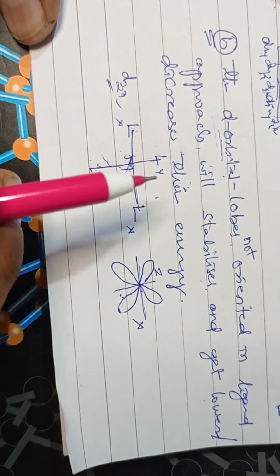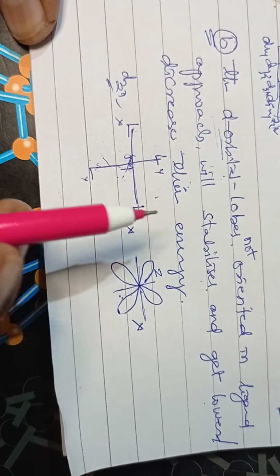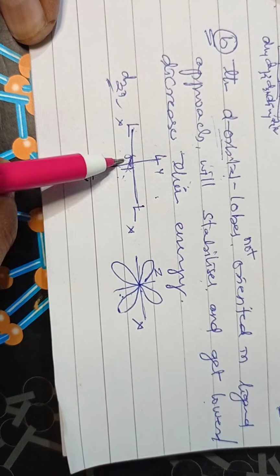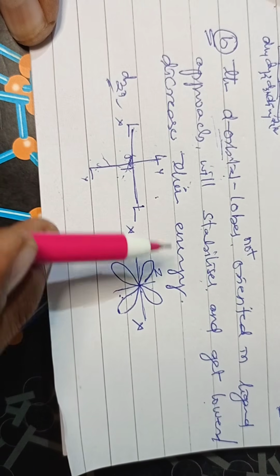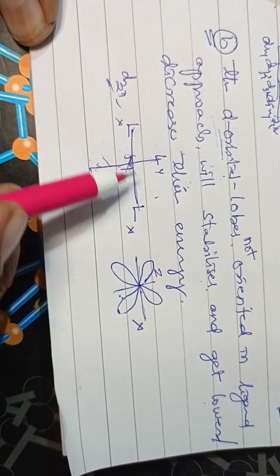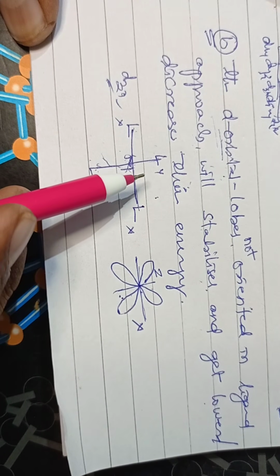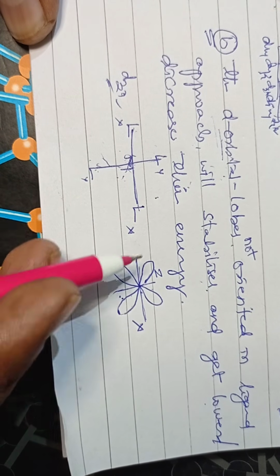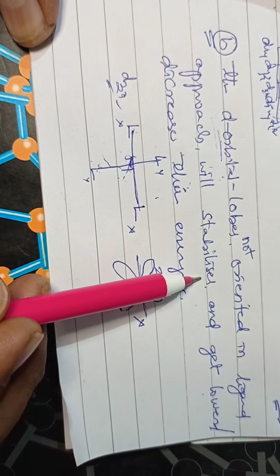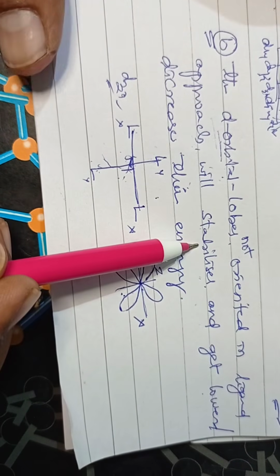So there is no interaction between these lobes and the ligand charge. When there is no interaction between the lobes of the dzx orbital and the ligands, they will not have any repulsive interaction, and they will get stabilized.